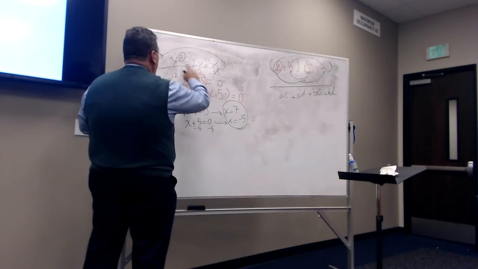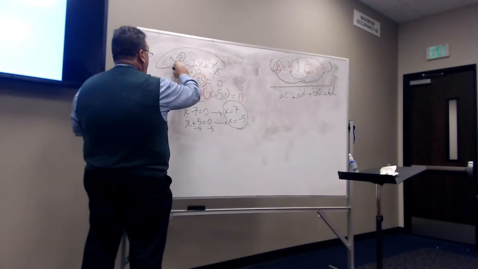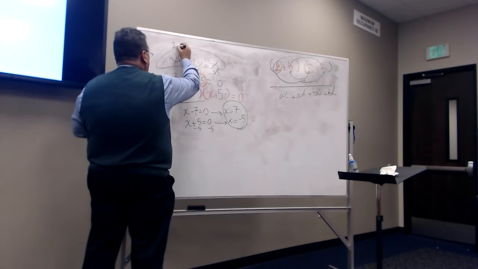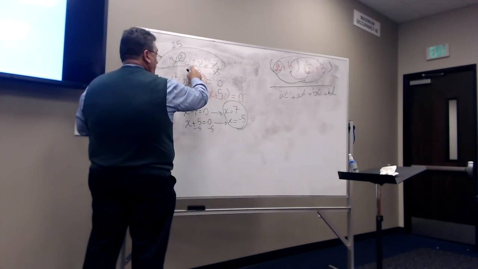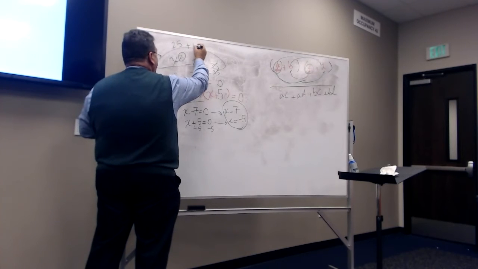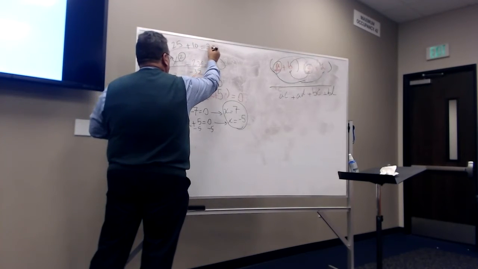If I put minus 5 here, minus 5 to the power of 2 is plus 25. Minus 5 times minus 2 is plus 10, which is equal to 35.